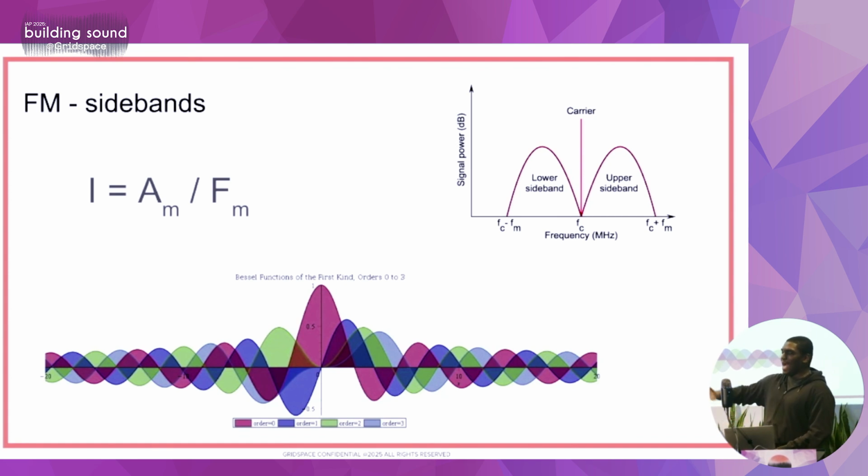So if you have some carrier at some frequency f0, and you modulate using an operator at a frequency fm, then you'll have sideband frequencies at f0 plus and minus k times fm, where k is just an integer from 0, if you're referring to the carrier, to infinity.